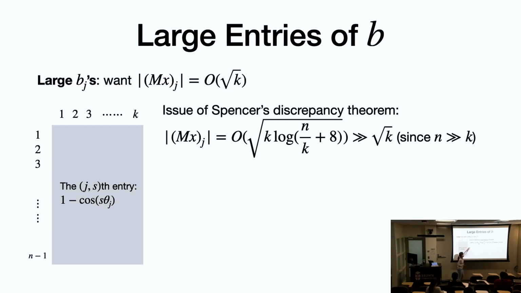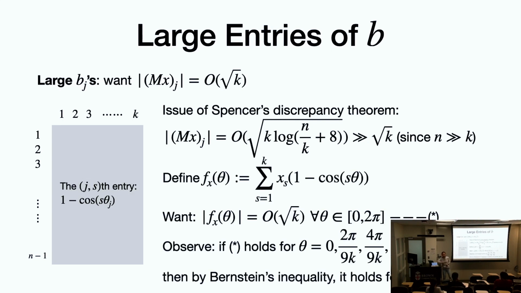If we directly apply this, then we get some bound which could be much larger than root k. Well, actually, it turns out the cosine functions are very nice. And in the same paper by Spencer, he actually also answered this question for such a special matrix M.